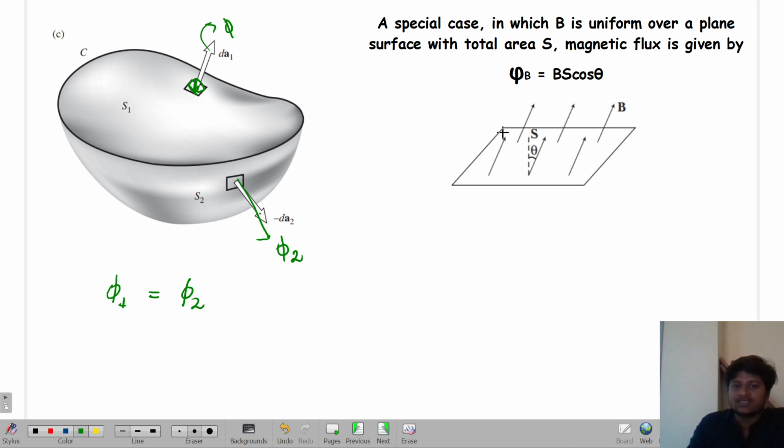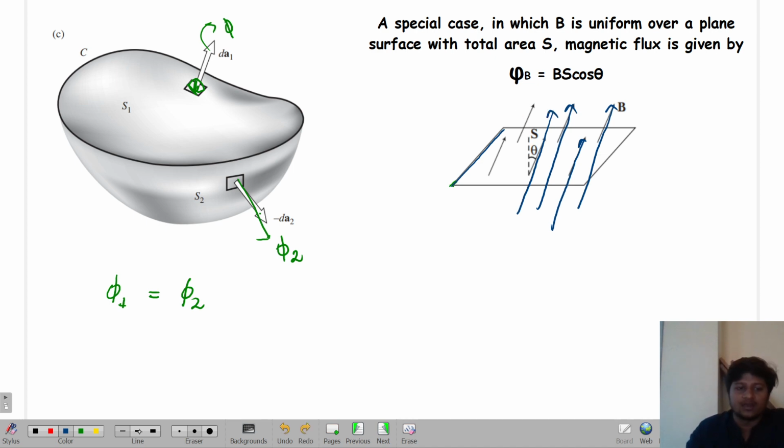Now, one case is there. Now try to understand. Let's suppose you have some kind of area over here. For this rectangular surface area, the magnetic field is not passing perpendicular to it, but it is making some angle theta with respect to the normal.